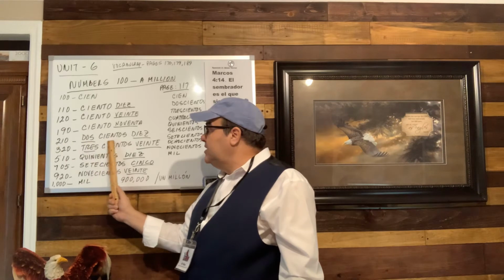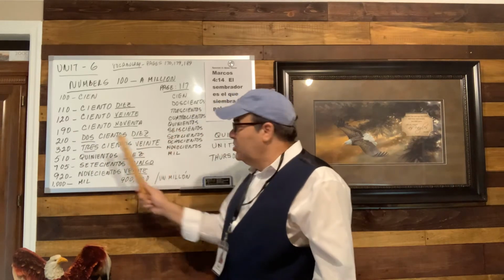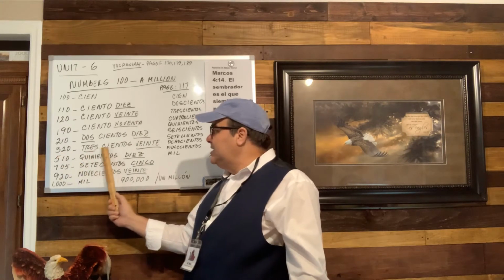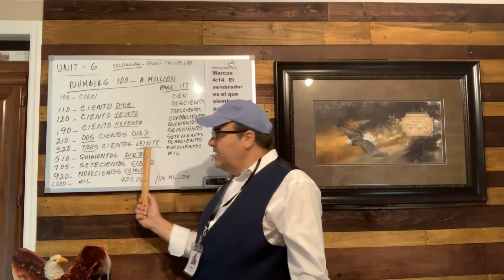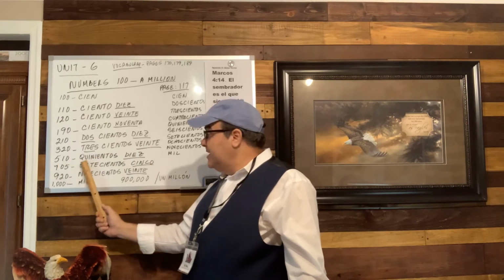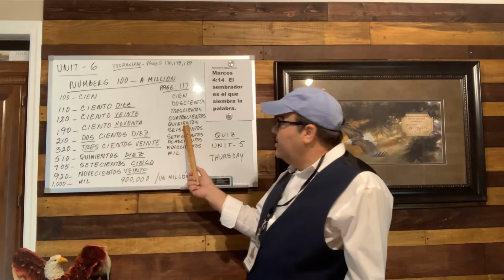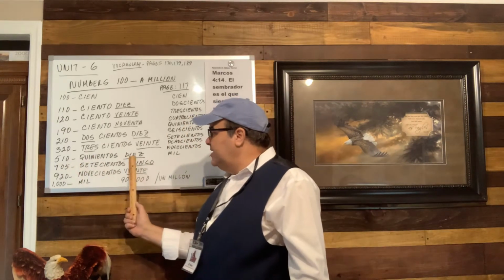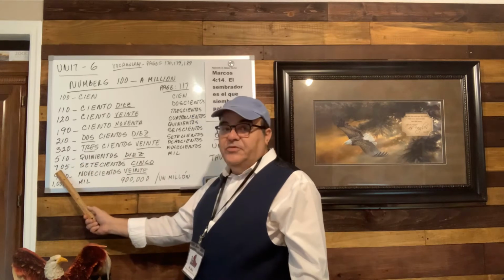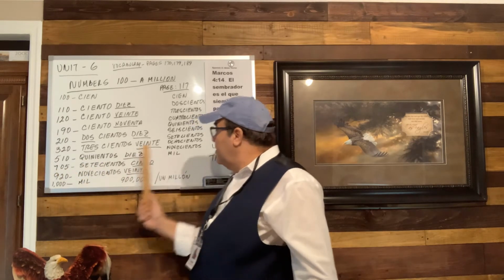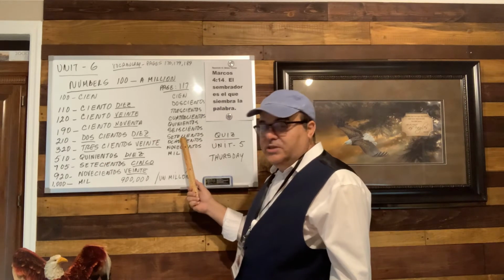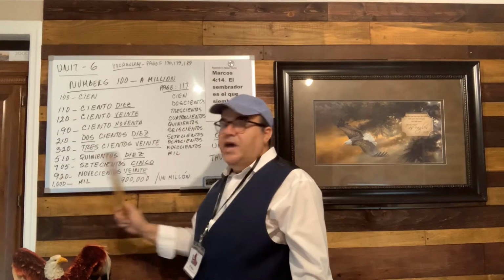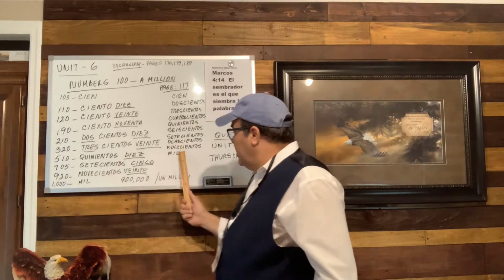210, 320, 510. Remember, 500 changes, we don't say 'cinco cientos'. 705, remember, 7 has ST. Then 920, 9 like here.